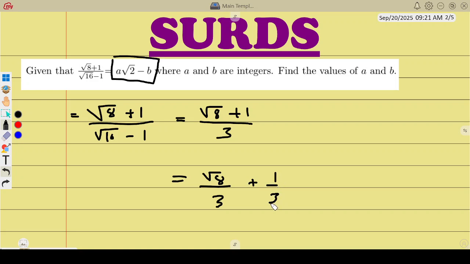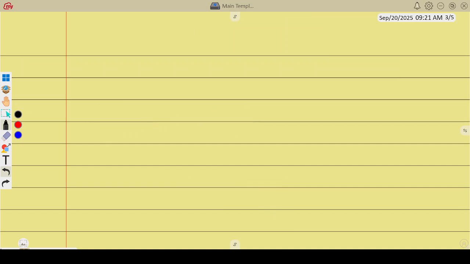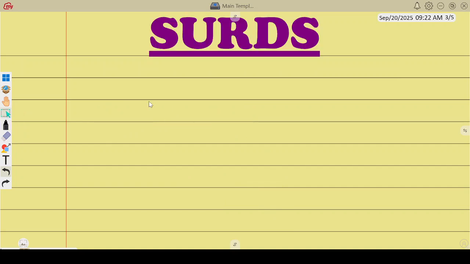Let's have a side lesson. Remember your grade 5 work. If you have 2 over 5 plus 1 over 5, whenever you see the same denominator, it simply means you can add what's on top.